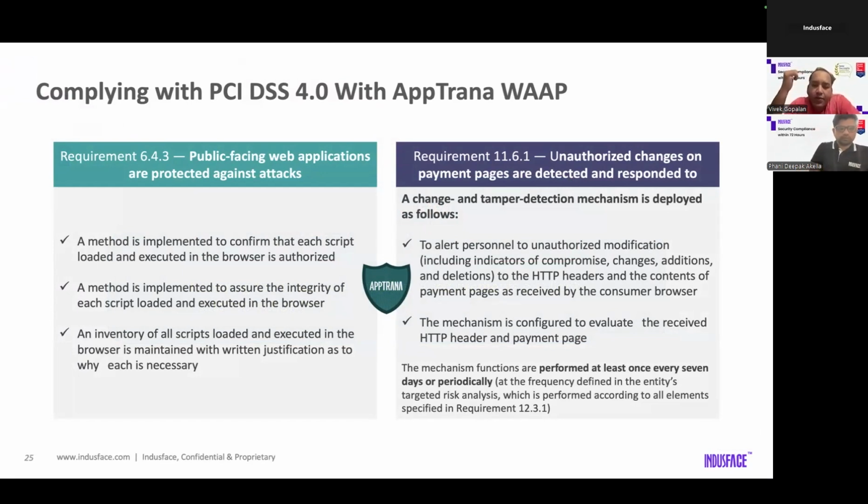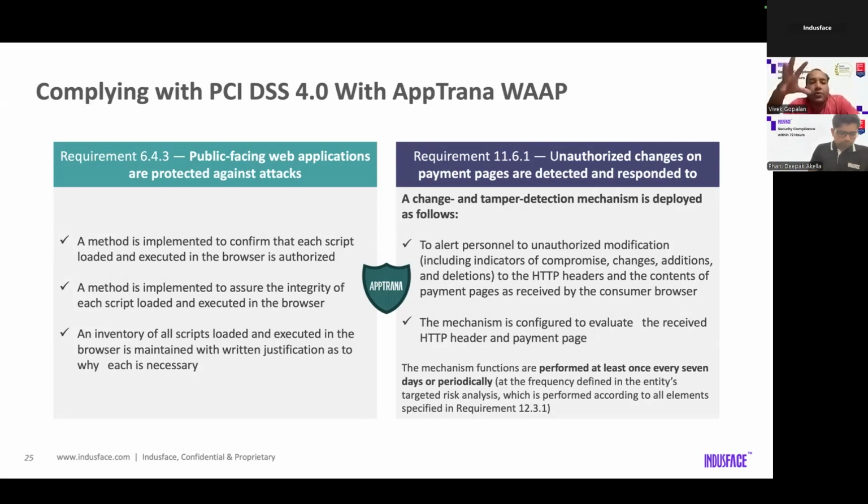It tells you that you need to have some way or form to confirm that the scripts you're loading are the scripts that you have authorized. You have ways to see that these scripts are not tampered with. You have a complete inventory of it. You have an approval cycle. And if there is tampering, you have ways to protect against it.